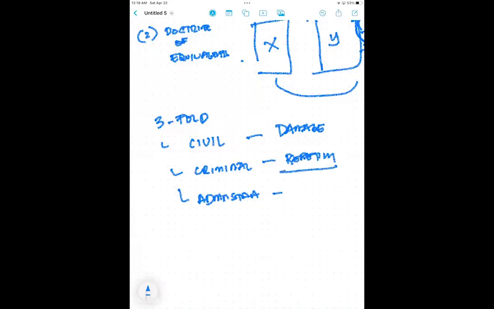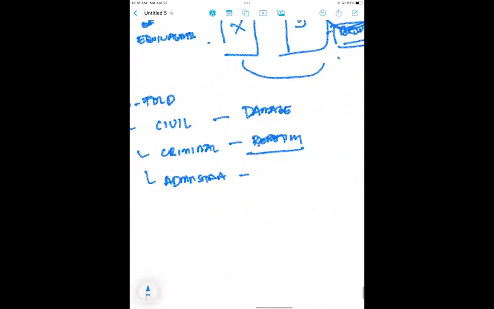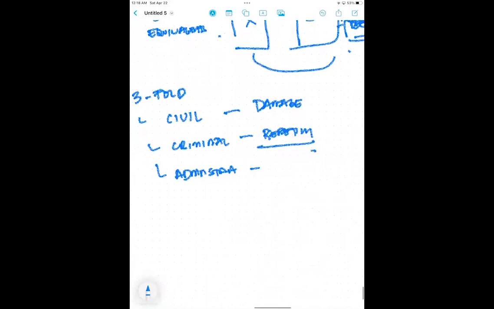So yung unang kaso, wala pang criminal case. Pero pag umulit, then magkakaroon na ng criminal liability. And for administrative, this is filed in the Bureau of Legal Affairs. So there are administrative remedies also available against the infringer.